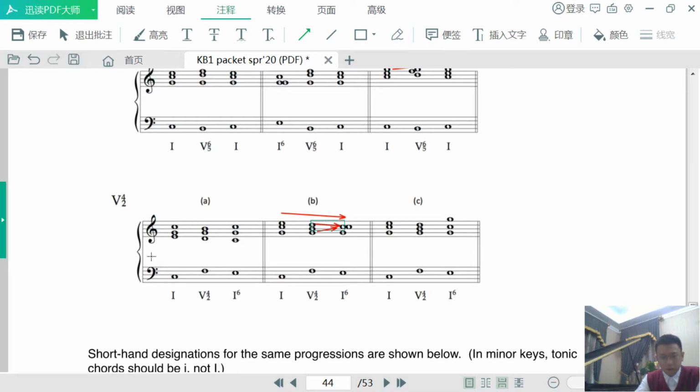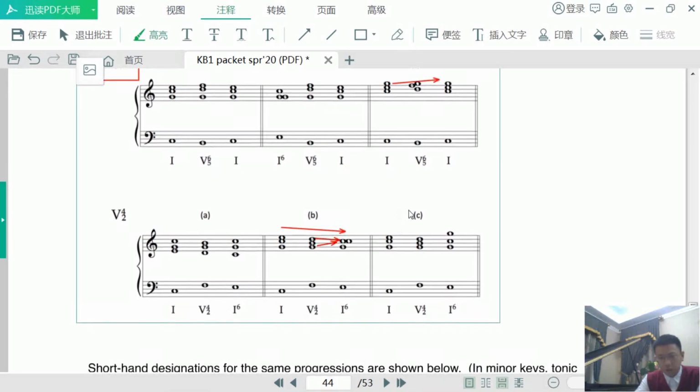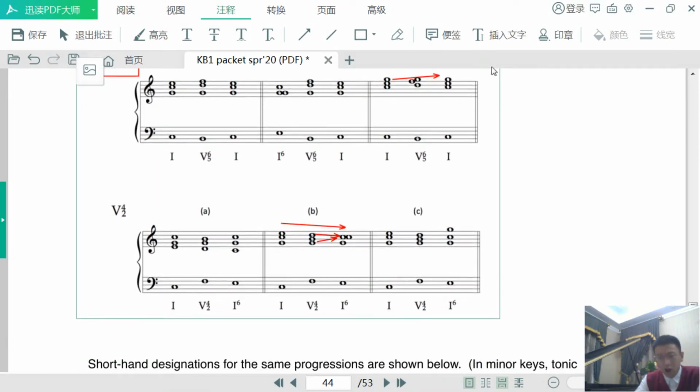That's the 5-4-2. Now I want to introduce something really special about the 5-4-2 chord that I want to highlight at this moment for part C, because part C has a really different resolution than the rule.